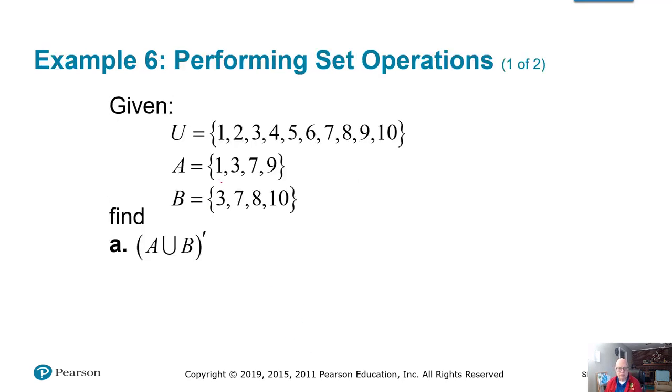Next, set operations. So take a look at this. We've got two set operations. Remember, this is complement and this is union. The one on the inside is the union. So the first thing you do is take A union B. A union B gives you what?